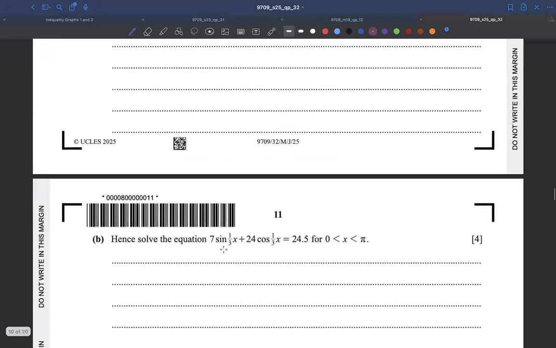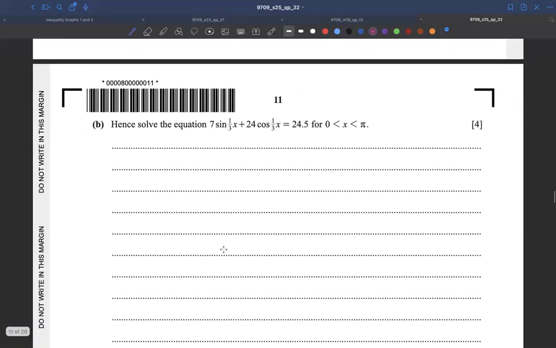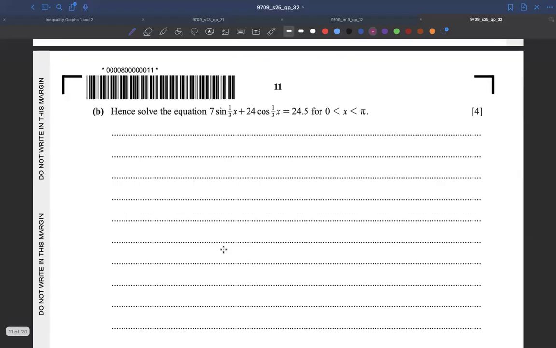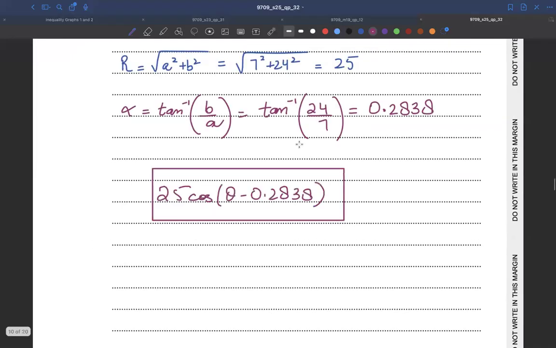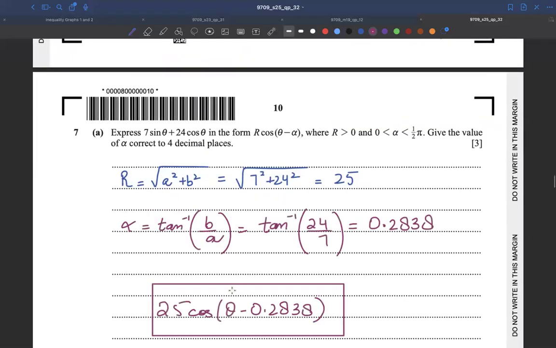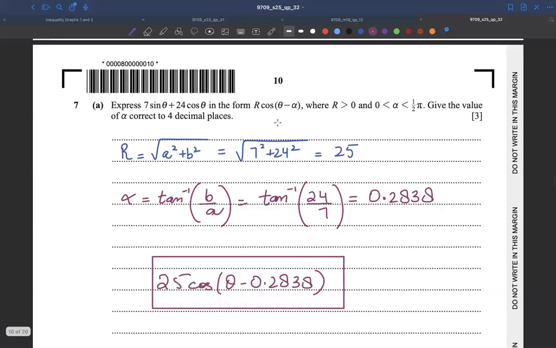In part B, it says, hence solve the equation 7 sine 1 upon 3x plus 24 cos 1 upon 3x equals 24.5. Now, in the first step, we can write this as 25, and it was theta over here, and it was 1 theta. So if it is 1 upon 3, this will also become x upon 3.